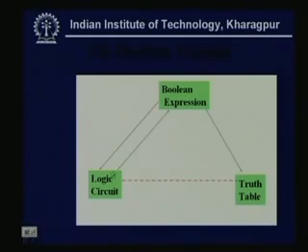Now, if the logic circuit is given, from there the Boolean expression can also be evaluated. Similarly, if the logic circuit is given, the truth table can be constructed. If the truth table is given, then the logic circuit can be designed from the truth table. So, today we will see how this Boolean expression can be built up.